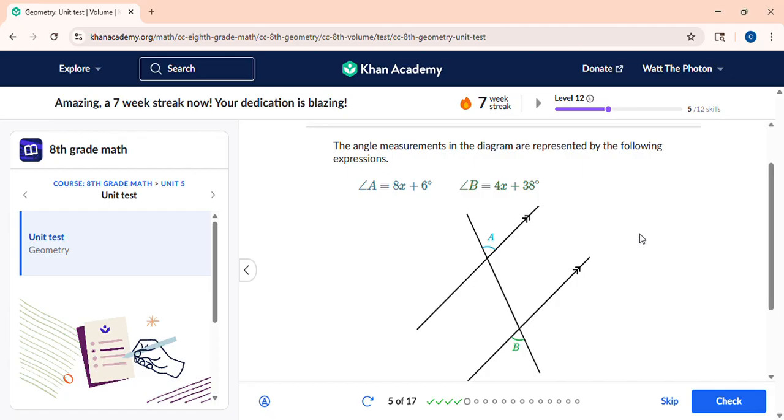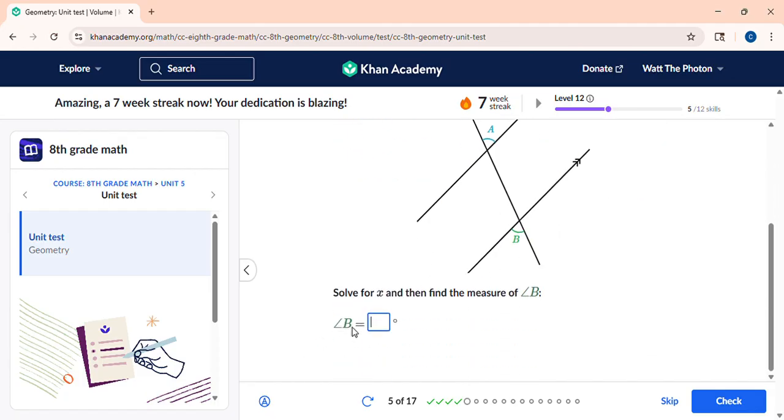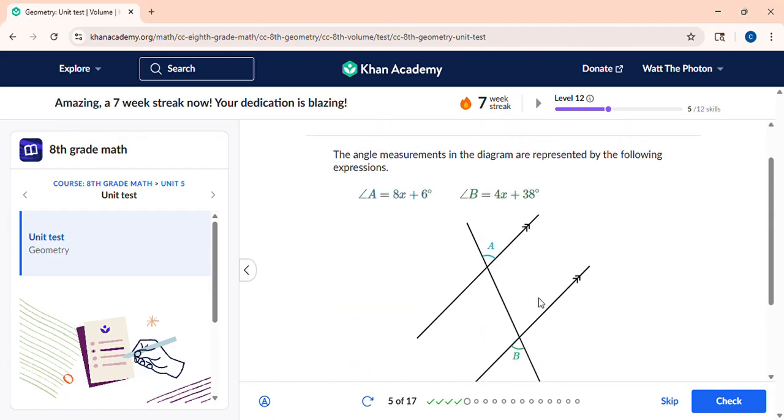We have 4x is equal to 32. x is equal to 8. That seems right. And then 8 times 4 is 32 plus 38 is 70.